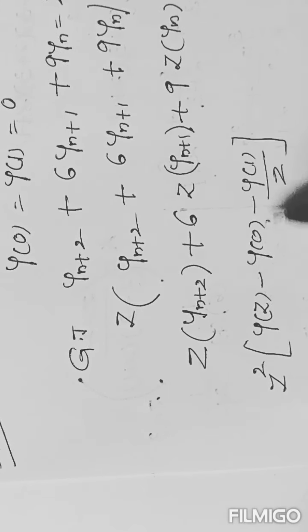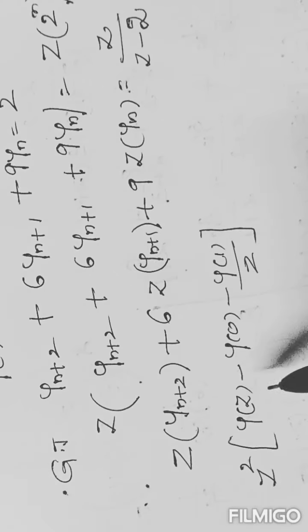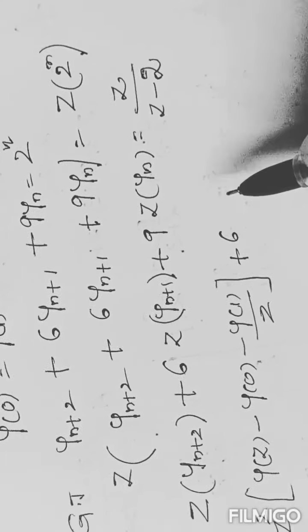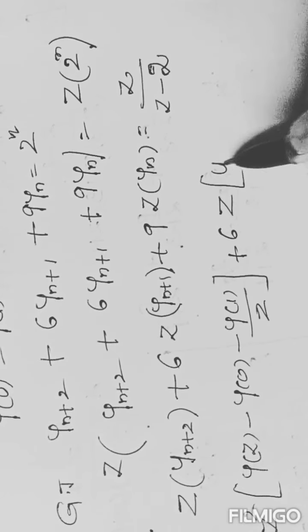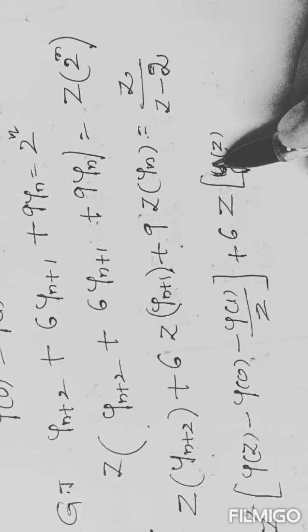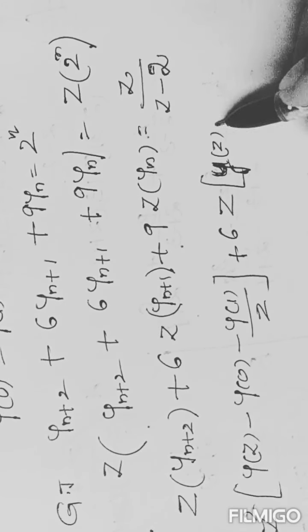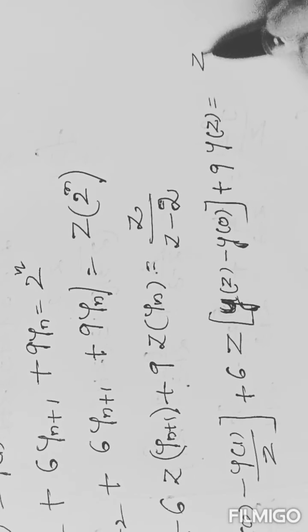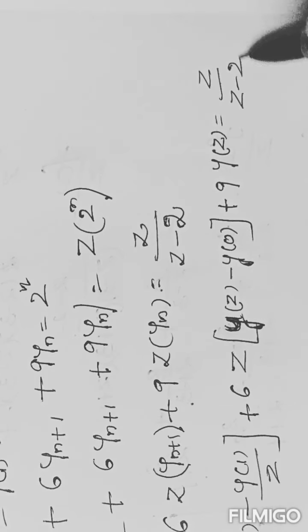As per the working procedure, this is the formula of y(n+2) plus 6 into Z of y(n+1), which is z into Y(z) minus z y(0), plus 9 into Z of y(n), which is Y(z), equal to z by z minus 2.